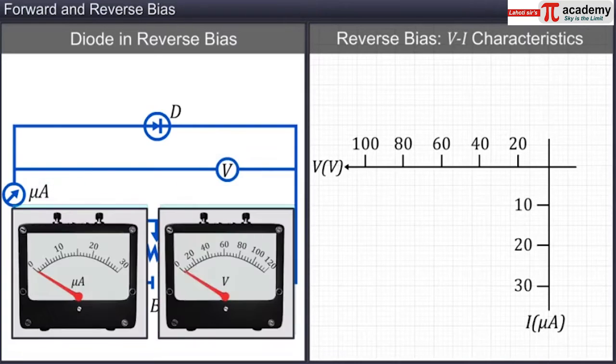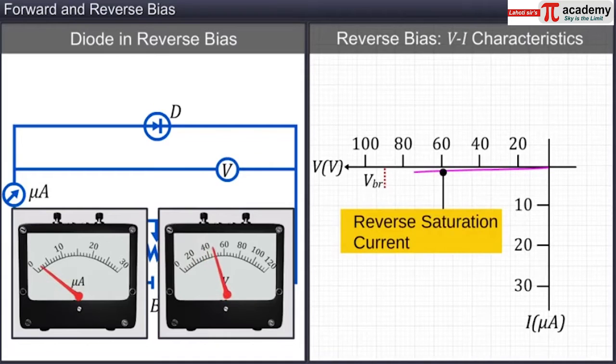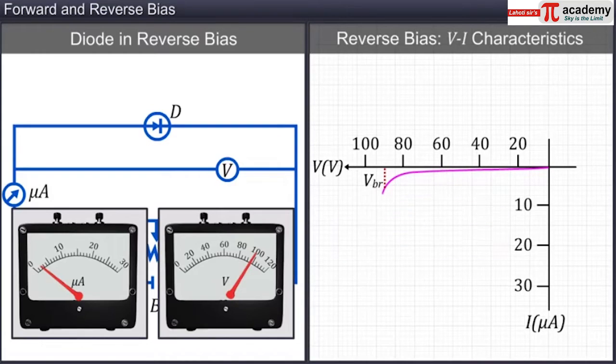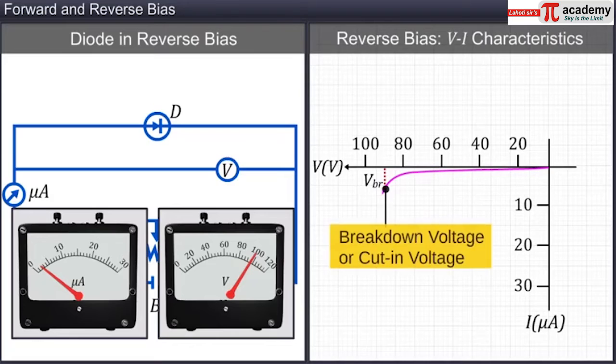Under reverse bias, the net current, called the reverse saturation current, does not vary much with increasing applied voltage, and is almost constant for small reverse bias voltages, until the applied voltage to the diode becomes equal to a certain voltage, VBR, known as breakdown voltage or cut-in voltage.